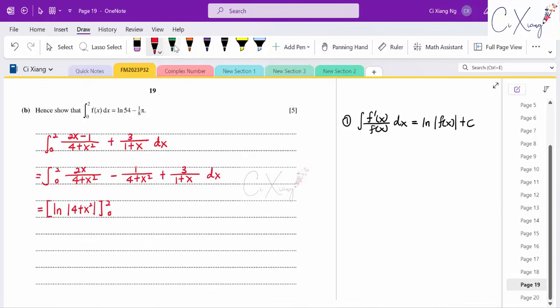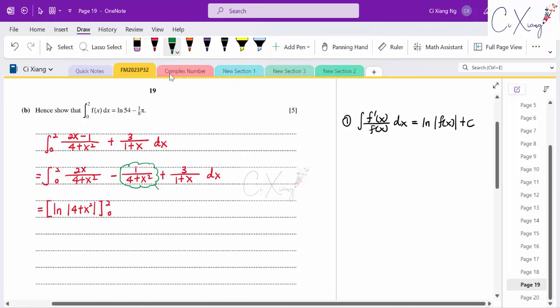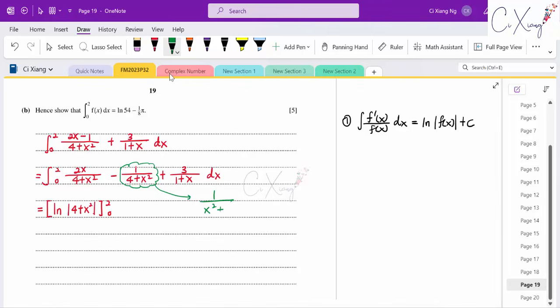Okay, so for 1 over 4 plus x squared, for this fraction, I can write it as 1 over x squared plus 2 squared.